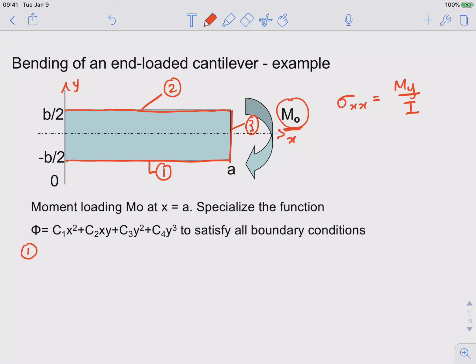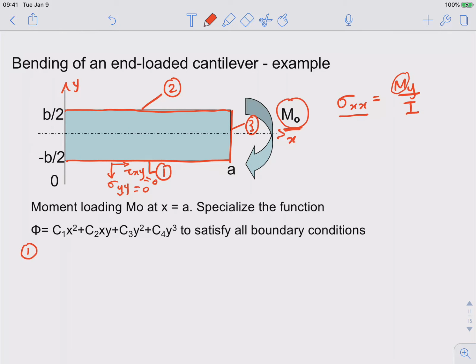So if I looked at surface number 1, the stresses normal to the surface would be my sigma yy, and then I would have my tau xy, the shear. These have got to be 0 because I only have a sigma xx coming out of a pure bending moment.